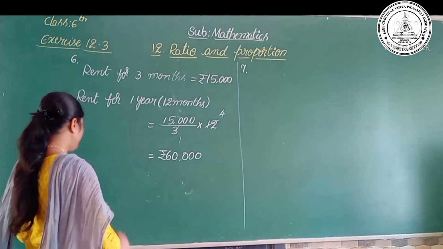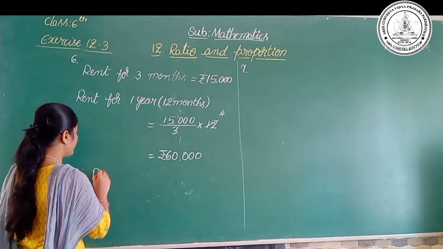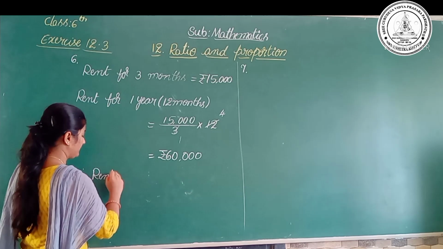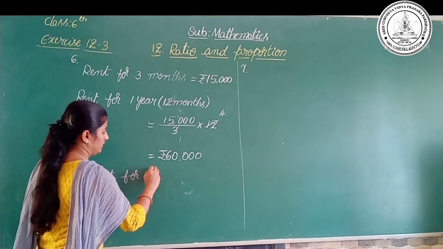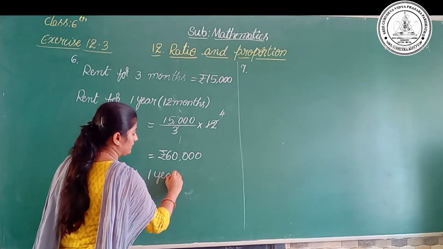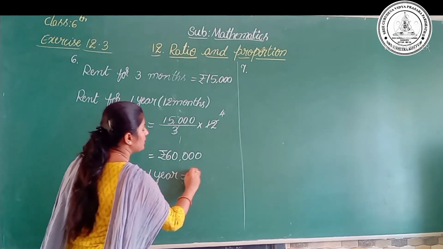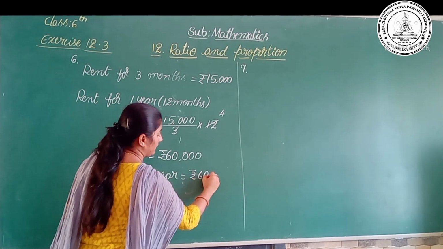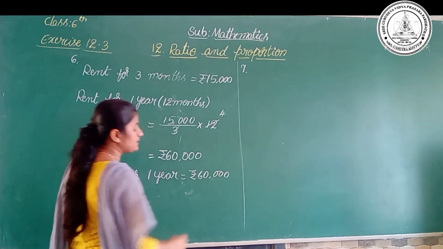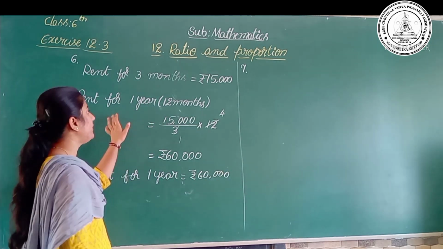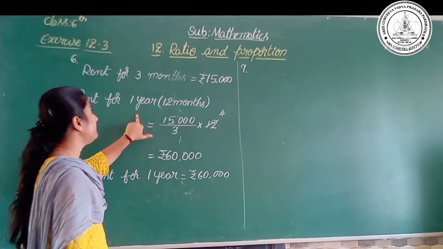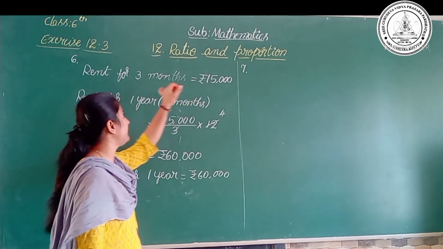Okay, therefore write down, rent for 1 year is equal to rupees 60,000. Or you may also find out the rent for 1 month. Rent for 1 month is 15,000 divided by 3.